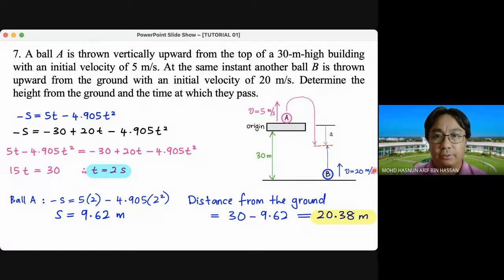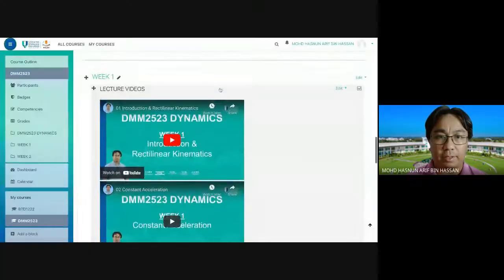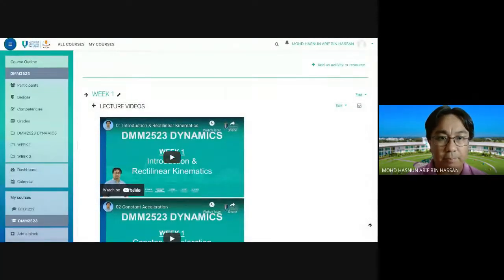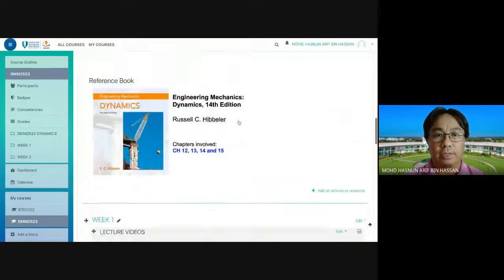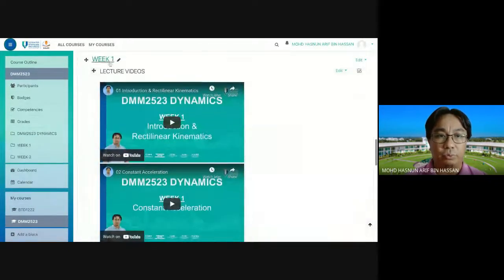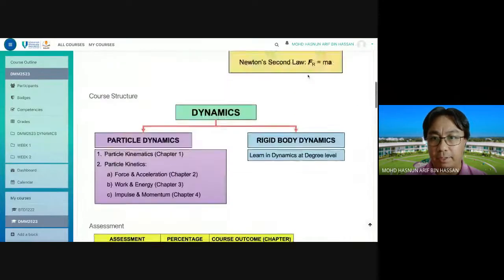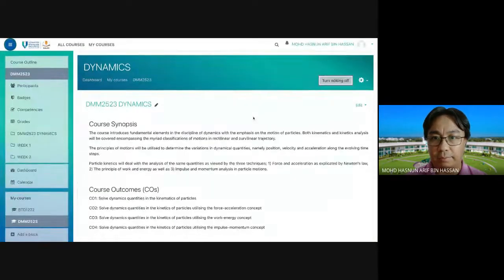Okay, I want to show you the Kalam page. Okay, can you see the Kalam page now? Yes. All right. So in Kalam, basically for week number 1, wait, let me turn off the editing.